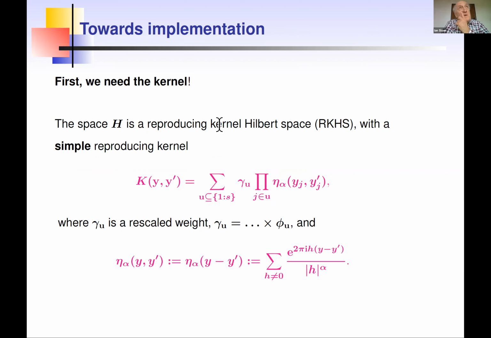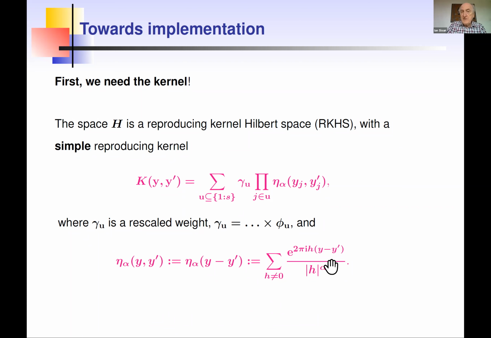First of all, you can't implement this until you know the kernel, since after all, we're using kernel interpolation. Our particular space H is a reproducing kernel Hilbert space with a very simple expression for the reproducing kernel. It's the sum over all subsets u of 1 up to S of gamma u, which is just a reweighting of phi, so it doesn't matter, there are known constants, times the product over all j in u of one-variable kernels eta.